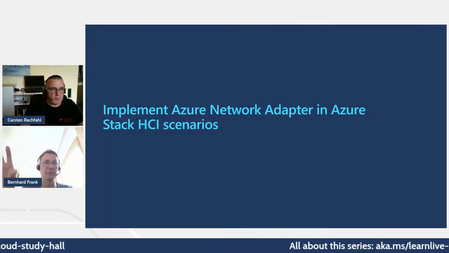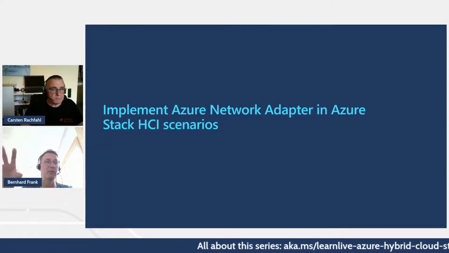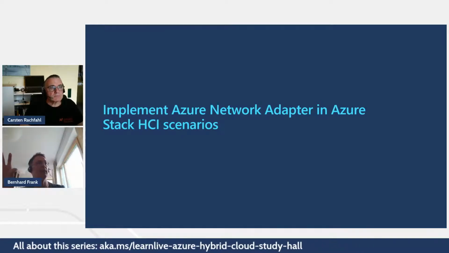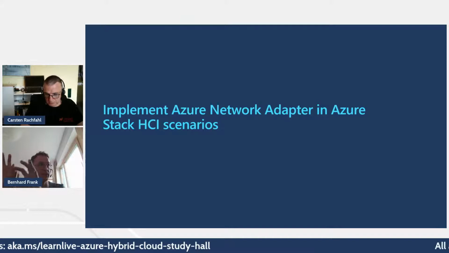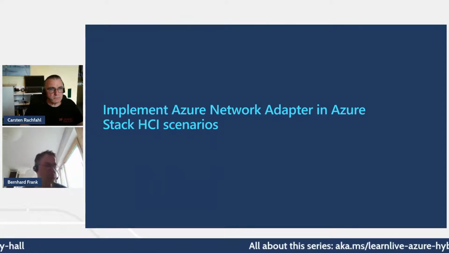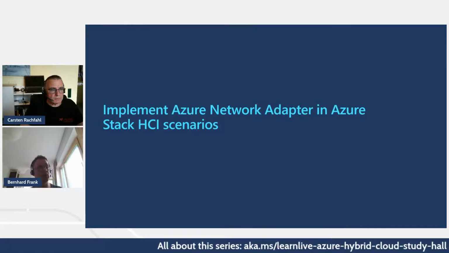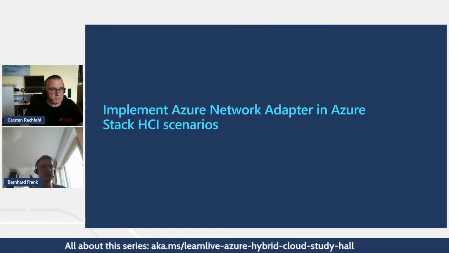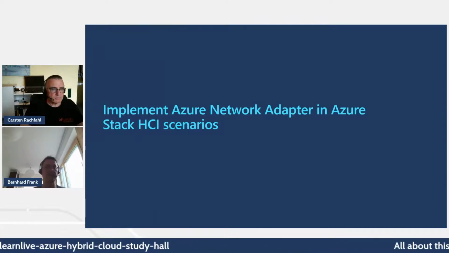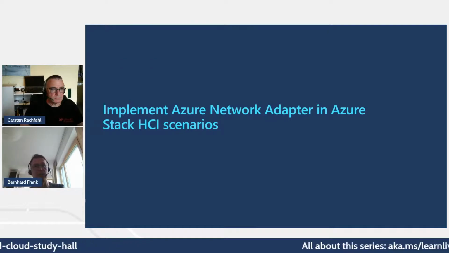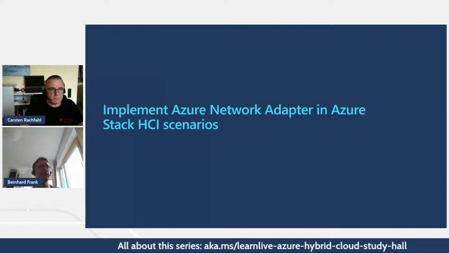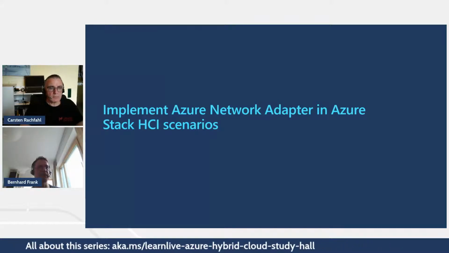The answer is, you may still have isolated workloads or networks on premise that you want to directly connect to Azure, or to some Azure data centers. It's like a point-to-site connection, like these road warriors have with their laptops, going to the internet cafe and hooking up a private VPN connection. That's sort of a thing for servers with the Azure Virtual Network Adapter in Azure Stack HCI.